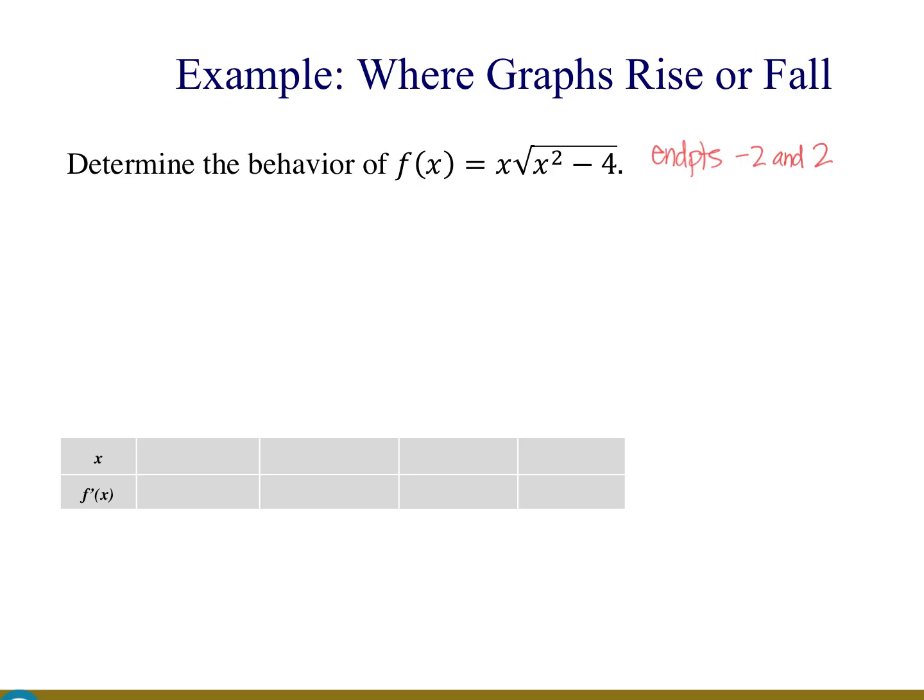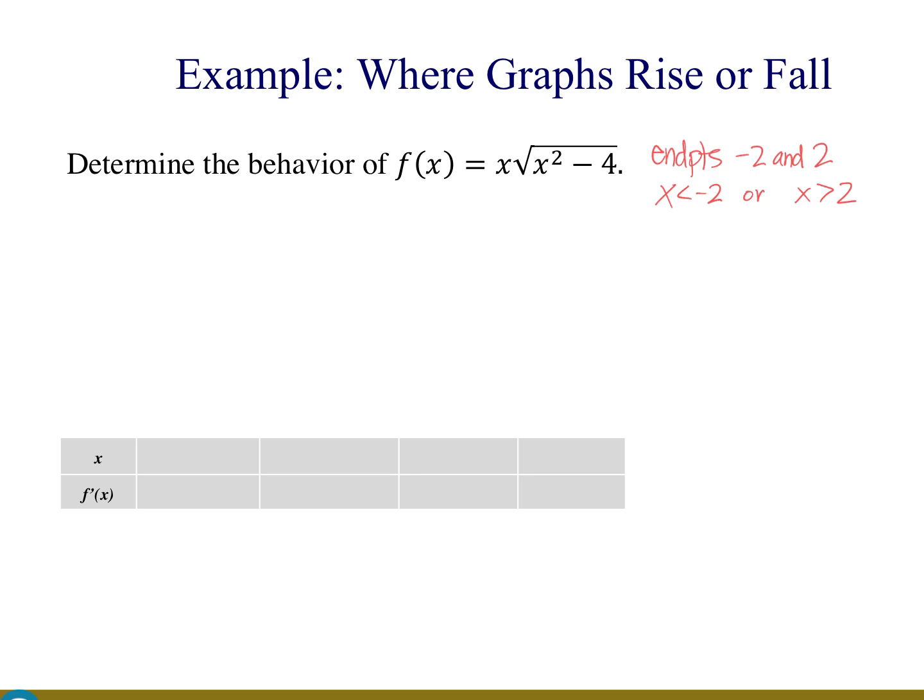If I tried to plug in 0, I'd have a problem because I'd have a negative number. Tried to plug in 1, I'm going to have a problem. So I do have endpoints. In fact, I have to make sure everything is either less than -2 or greater than +2 in order to keep things straight.